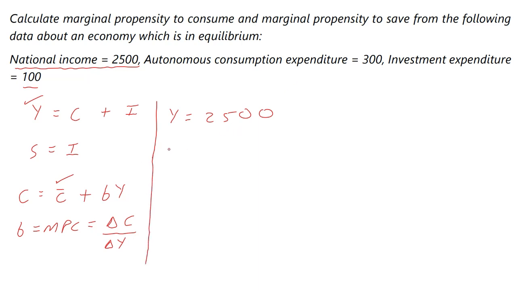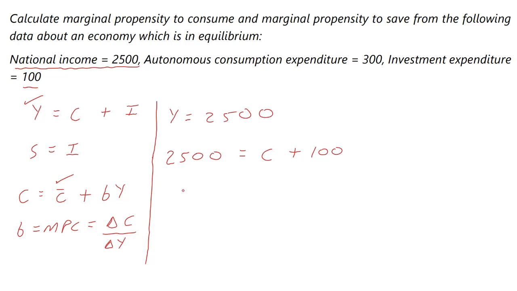I'm going to do it over here. I know that income is 2500, is equal to consumption, which I do not know, plus investment, which I know is 100.